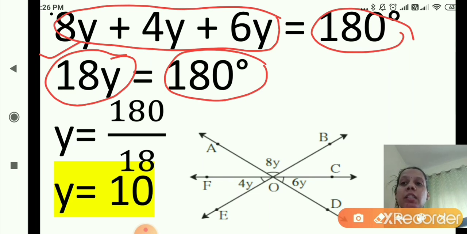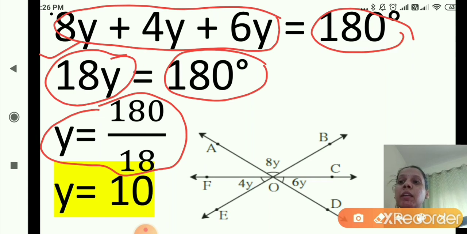Now 18y is equal to 180 degree. So y is equal to, in the next step, as you can see here, y is equal to 180 divided by 18. This 18 will go to the right hand side, so it becomes divide, right?